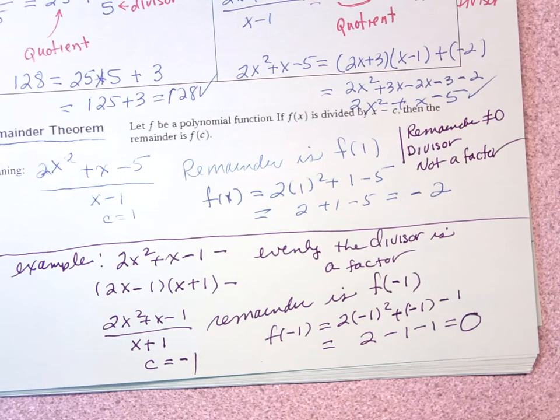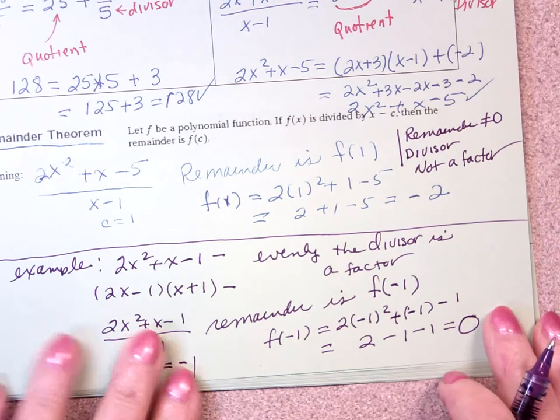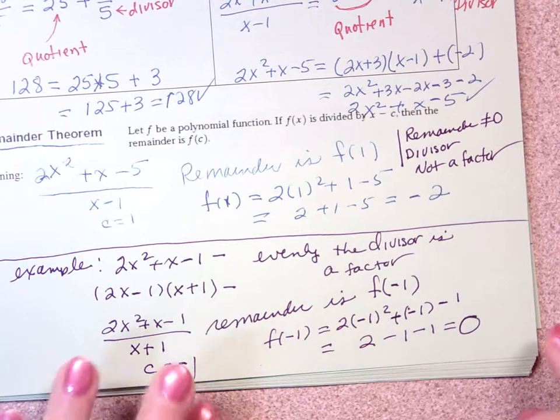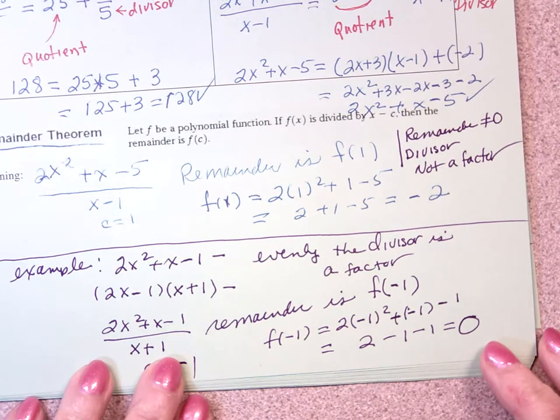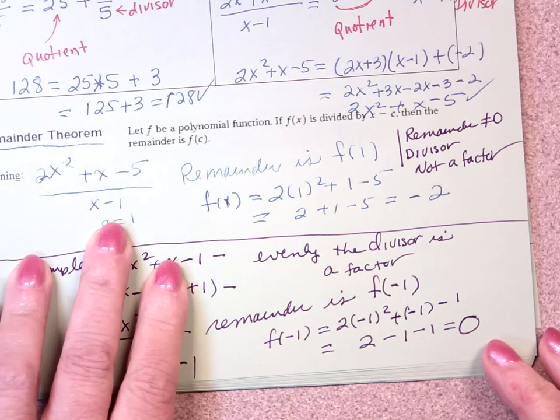And it all comes down to the division algorithm and what we call the remainder theorem. The remainder theorem basically says that if I pick the 0 of the divisor, I calculate it out, I get 0, then that divisor is a factor. If I don't get 0, the divisor is not a factor.